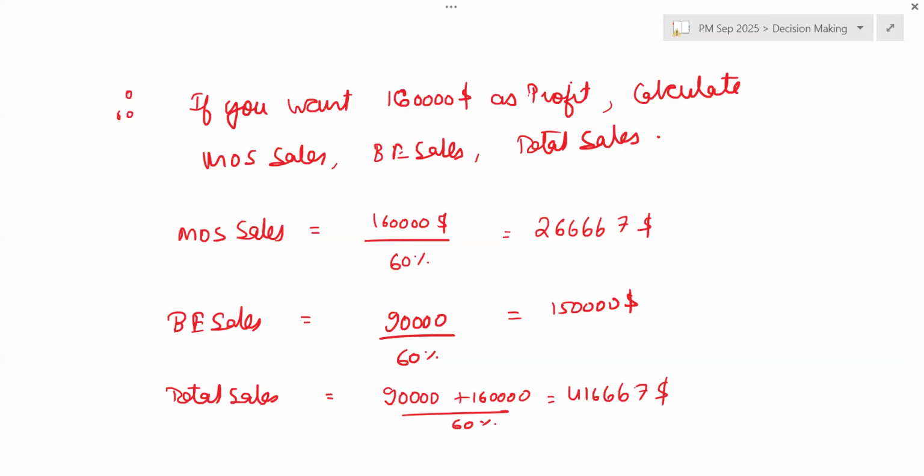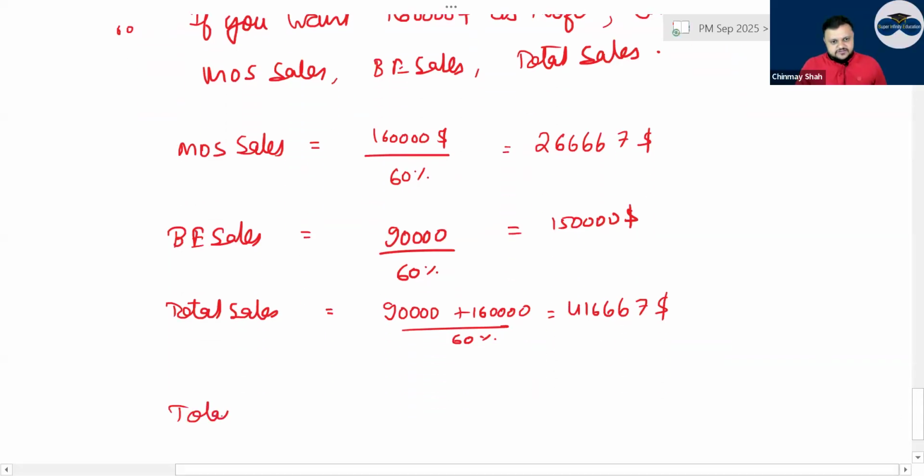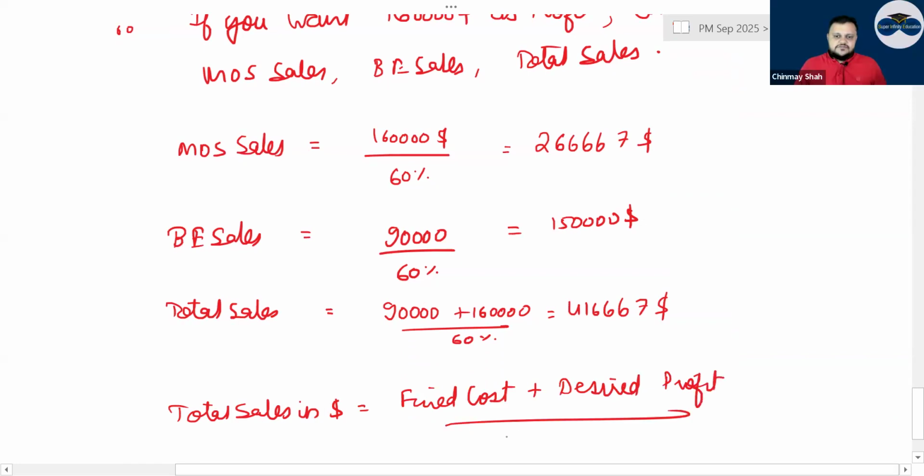Correct. So can I say total sales in dollars is equal to, what is 90,000? Fixed cost, plus the desired 160,000, what is that? Desired profit, divided by what?